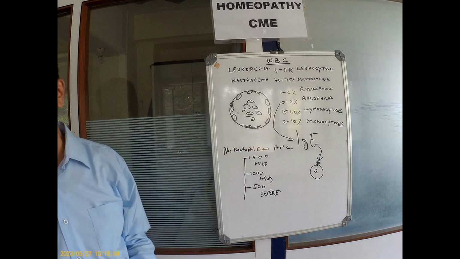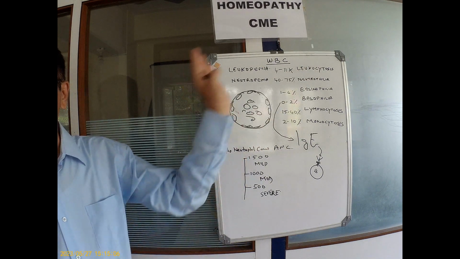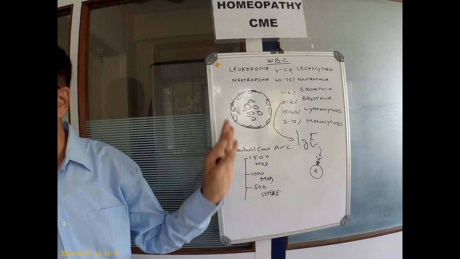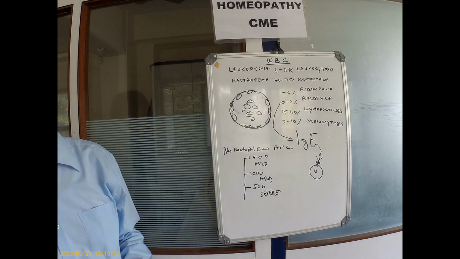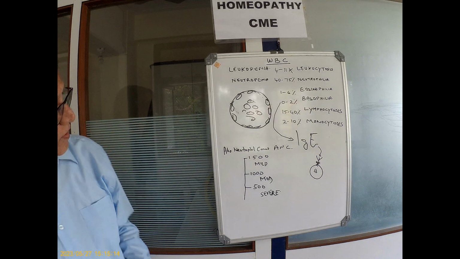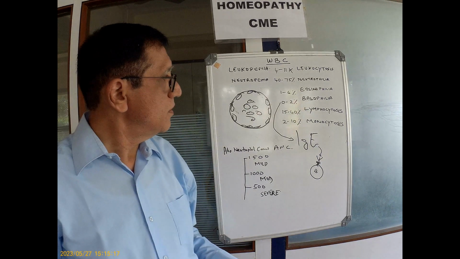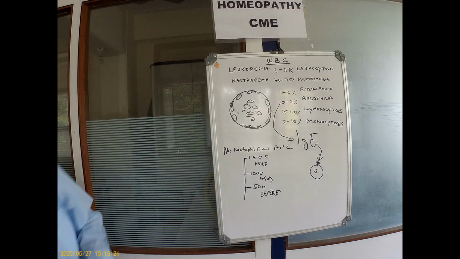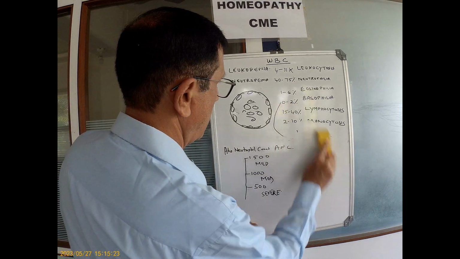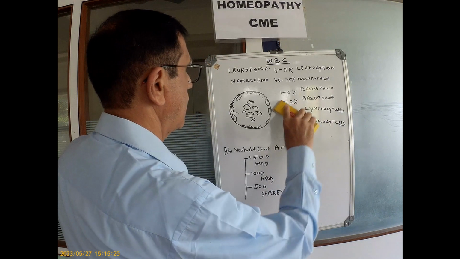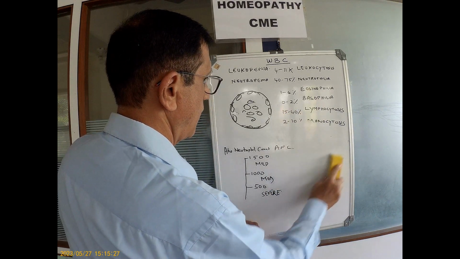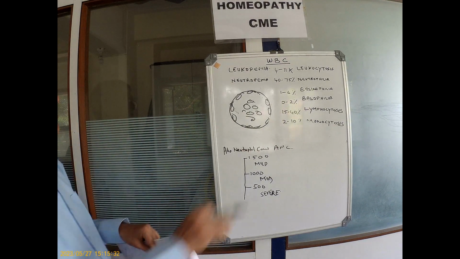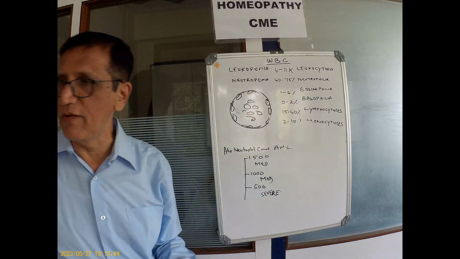Now we come to leukocytosis, the most common that we are going to encounter, because this is the infective part which is going to come after this. Leukocytosis is anything greater than 11,000.